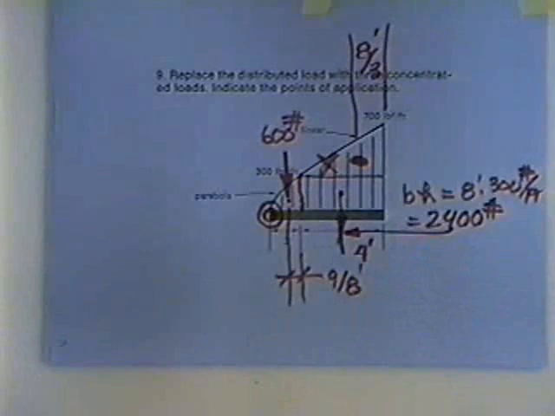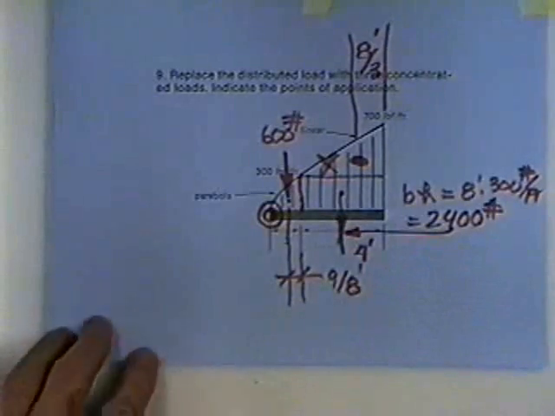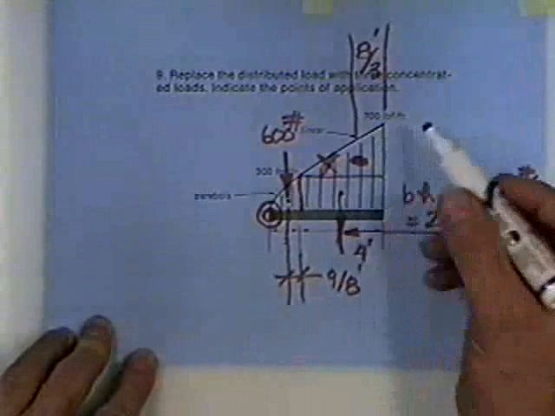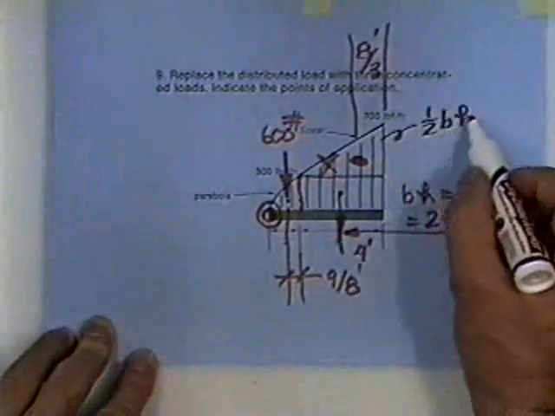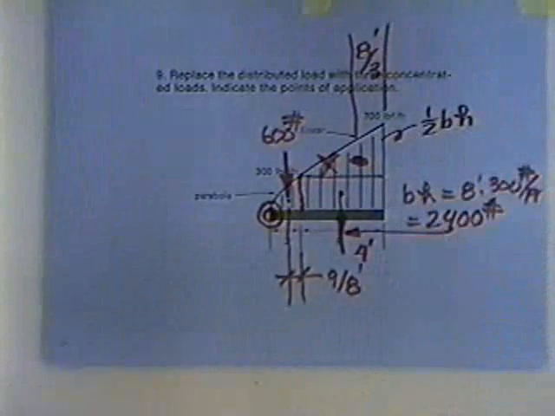Now, one of the common mistakes a student will make, in my class anyway, is when he goes for the area of the triangle, he's going to say 1/2 base height. That's if he's one of my better students. If he's not, he'll just say base times height. What he normally will do is take the height, this 700 pounds per foot, because it sure looks like that's what it says.